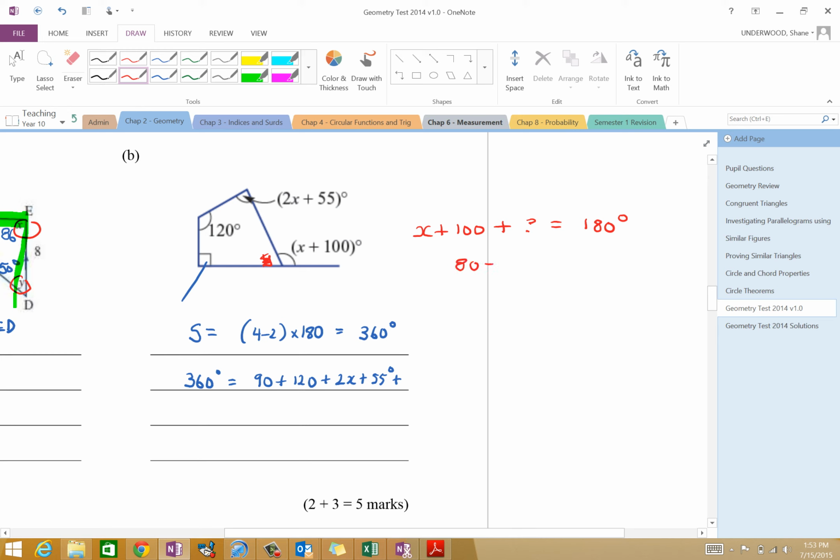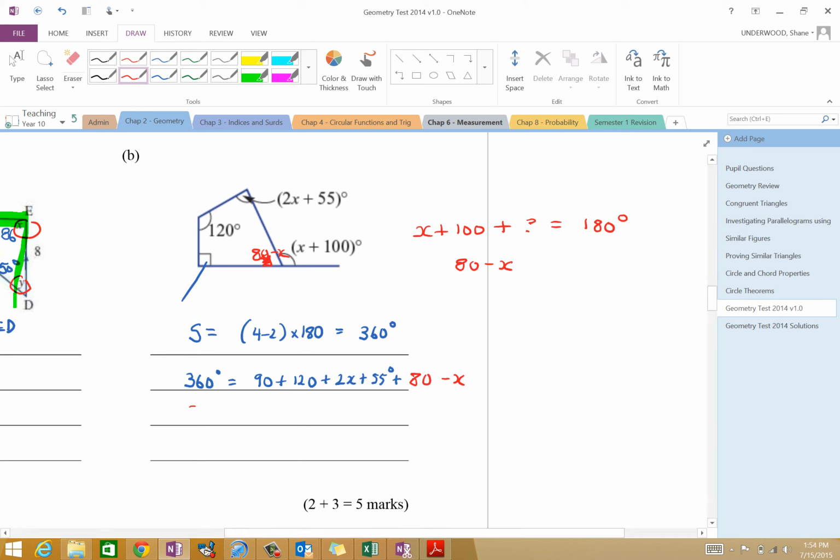Don't go anywhere yet. 80 minus x is that something. So I'm going to say plus 80 minus x. Now, of course, we then go ahead and do some collecting like terms. Don't go anywhere until I finish this question.